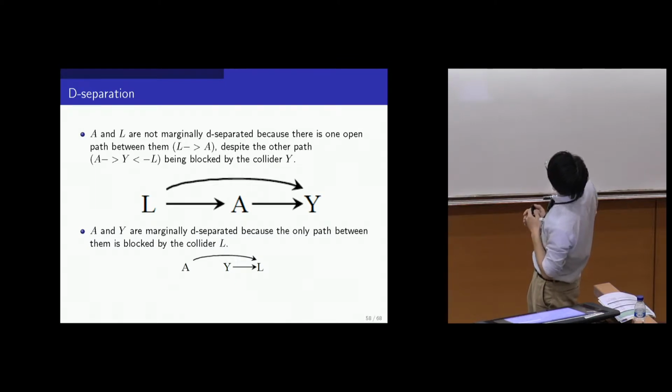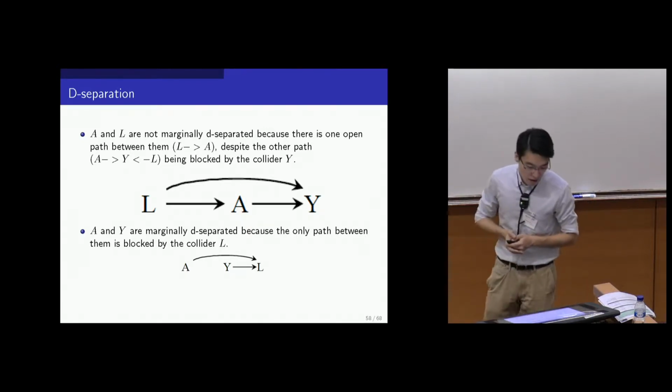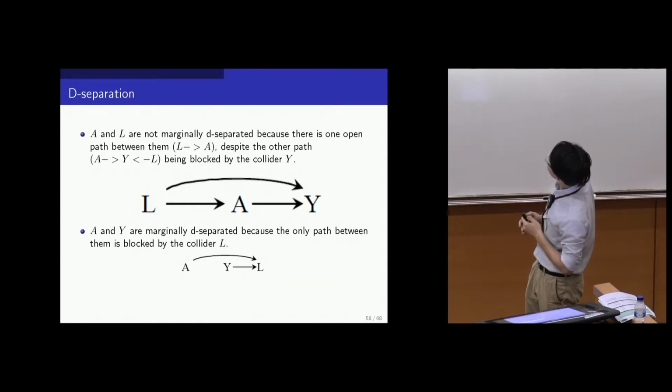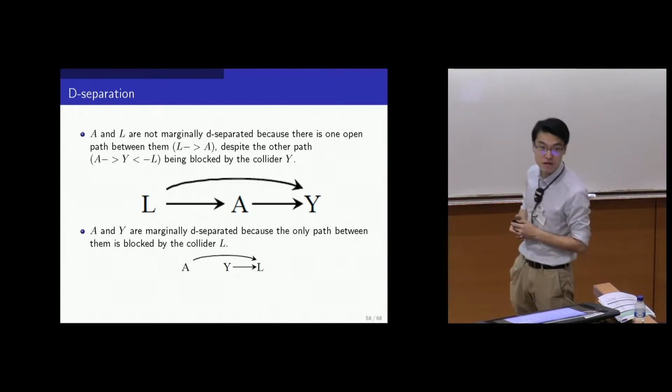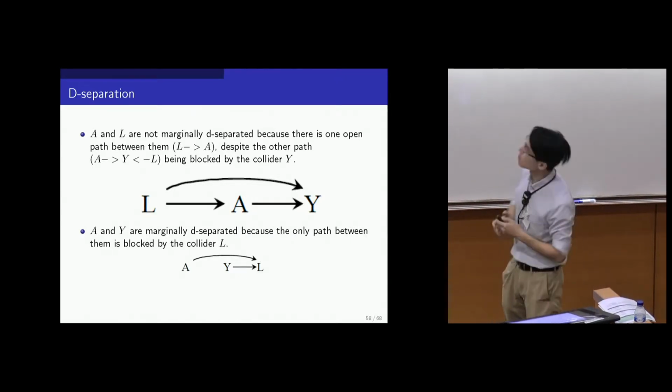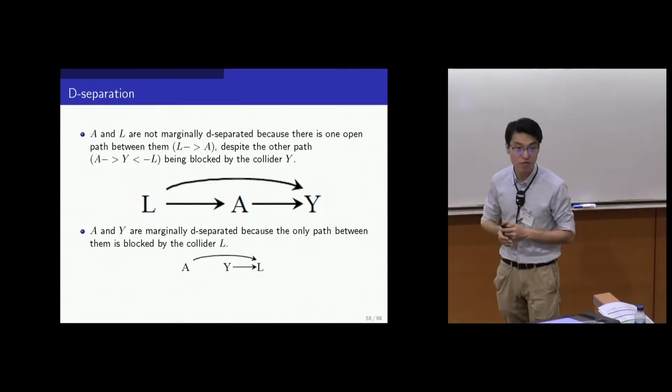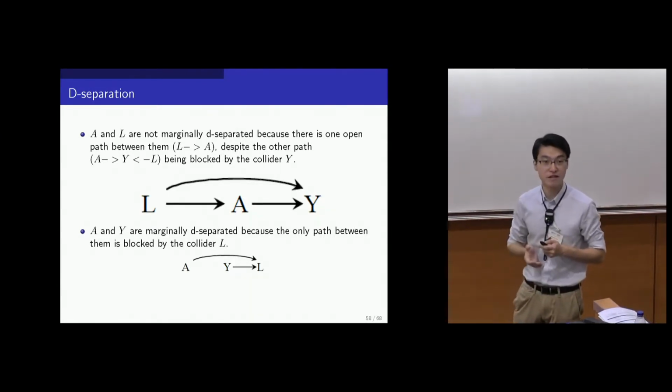This collider path is blocked, as this is a collider here. In the second example, A and Y are marginally d-separated because the only path between them is blocked by the collider. This is the collider here. This is the only path, and it's blocked. As we talked about, if we condition on L, then this path will be open again, and A and Y will be d-connected in that case.